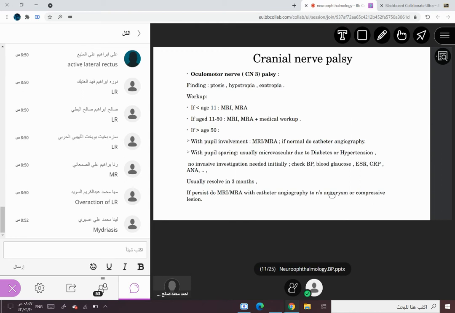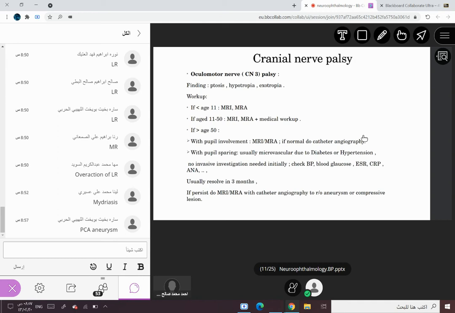In cases of pupil-involving third cranial nerve palsy, if you remember, in the beginning of the lecture we mentioned that the parasympathetic innervation goes through the outside fibers of the third cranial nerve. If there is an aneurysm or compression, it will compress the lateral side.